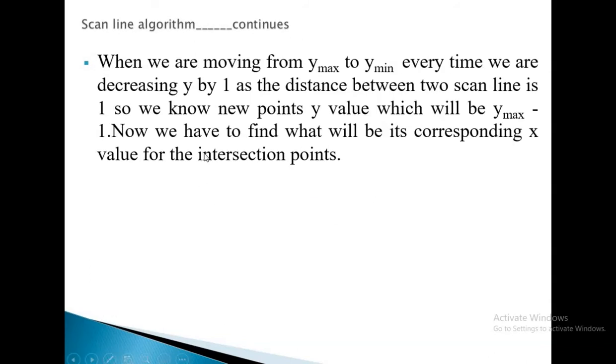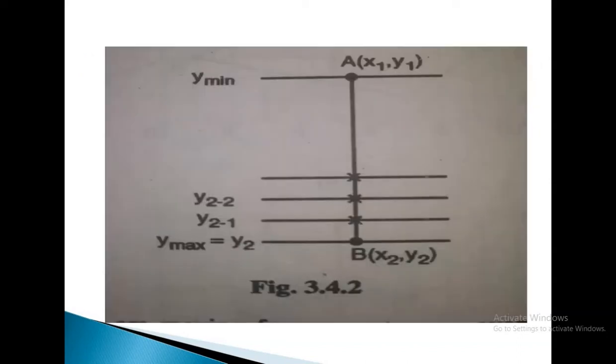There is another point of this scanline filling algorithm: when we move from Ymax to Ymin, every time we decrease y by 1, as the distance between two scanlines is 1. Here we fill the polygon from B to A. That is, we start filling the polygon from Ymax up to Ymin, and we draw the scanline all over the polygon.